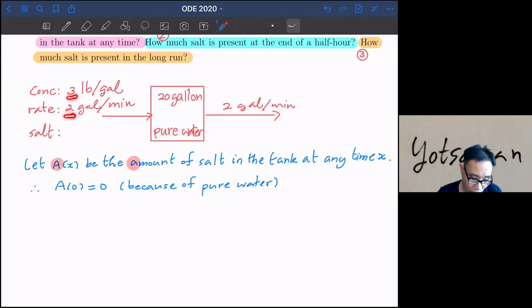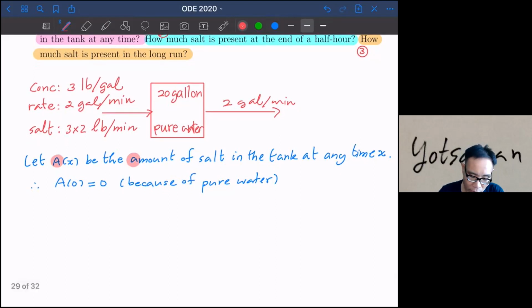Because it is 3 pounds per gallon and the brine flows in at 2 gallons per minute, the salt flowing into the tank is 3 times 2 pounds per minute. This is just salt without water.